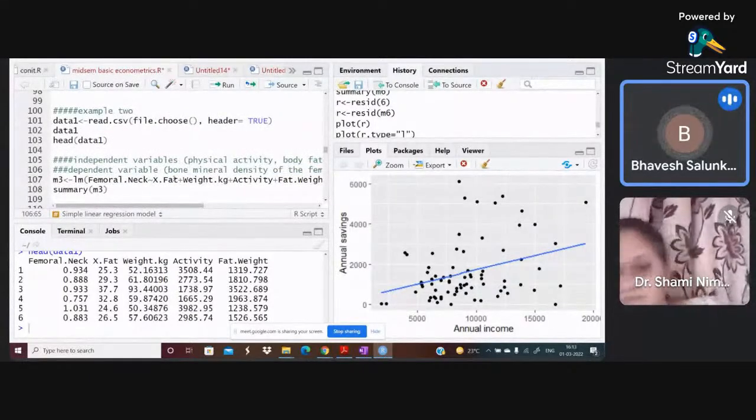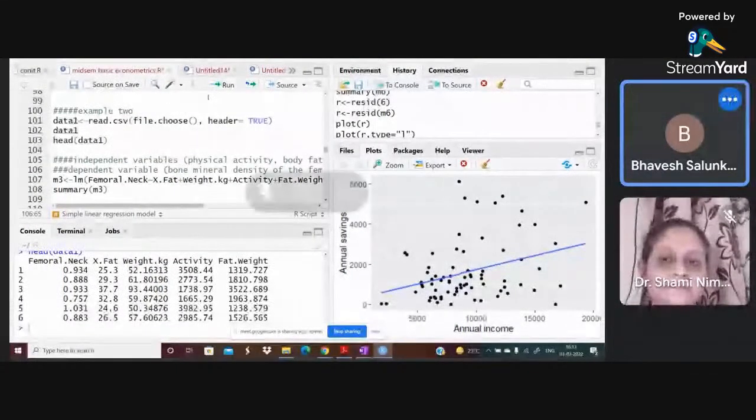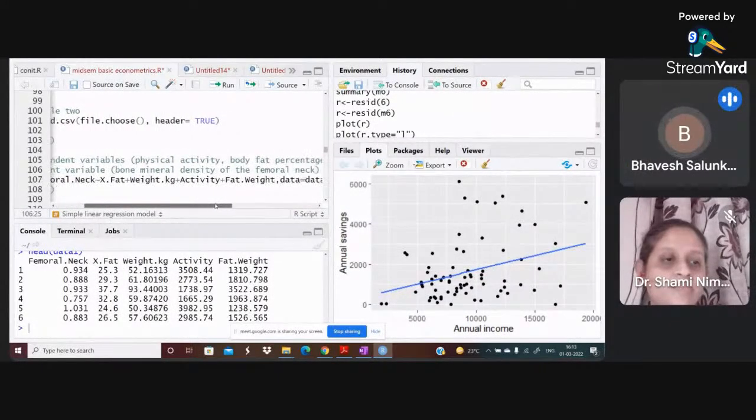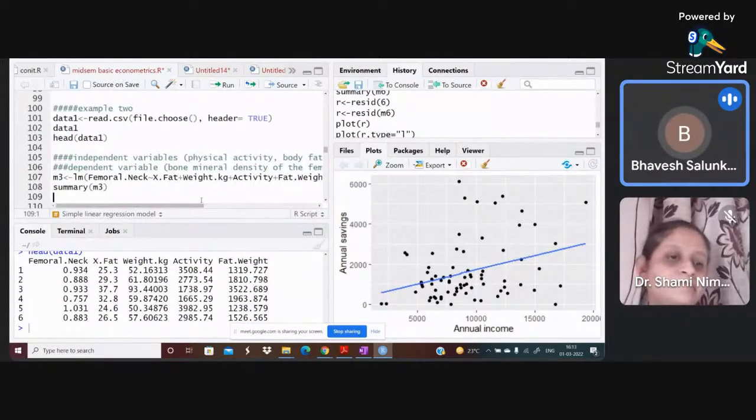Have you opened that script? So there is a description of these variables. The variables are physical activity, body fat percentage, weight, and then bone mineral density of the femoral neck.